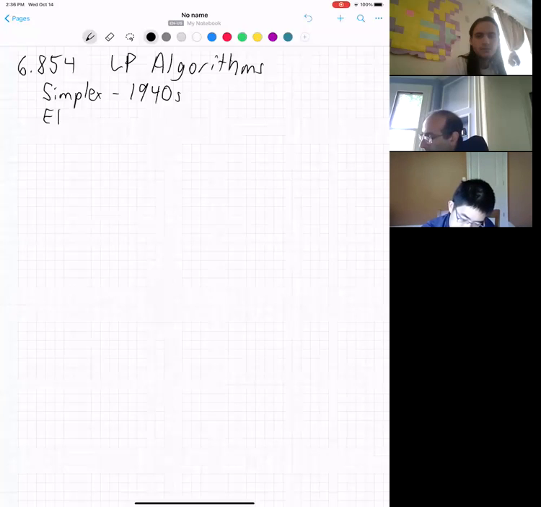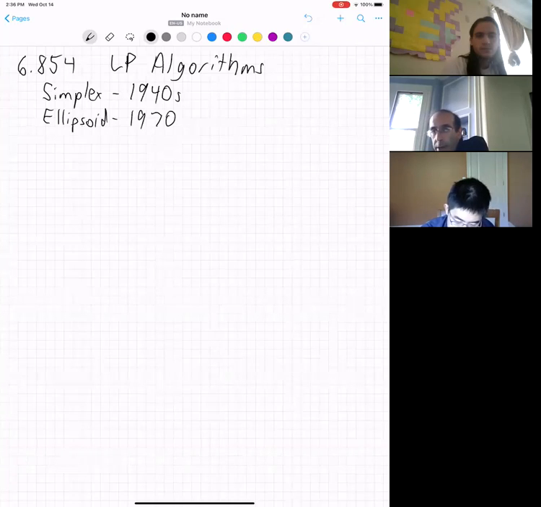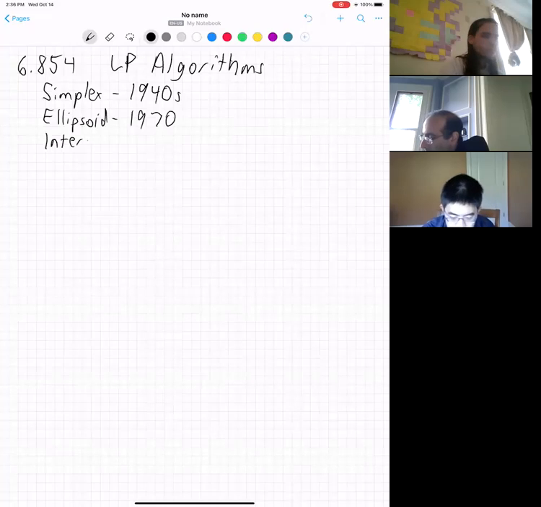I'll talk a bit about the ellipsoid algorithm, which emerged in the 1970s and was and still is just absolutely amazing from a theoretical perspective, but not particularly practical.